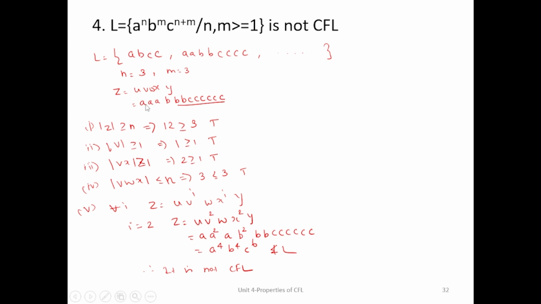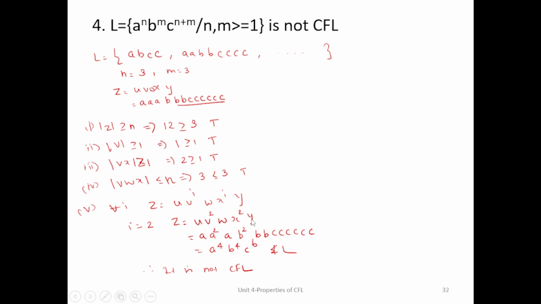In which u is a, v is a, w is a, x is b. The remaining double b and 6 c's will be treated as y. Apply the same rule. For the fifth rule notation, I am taking i is equal to 2.